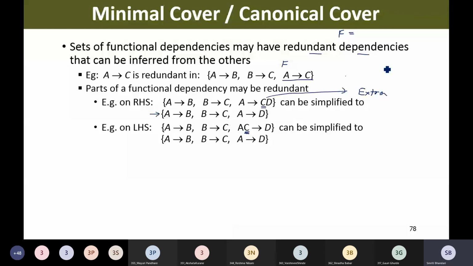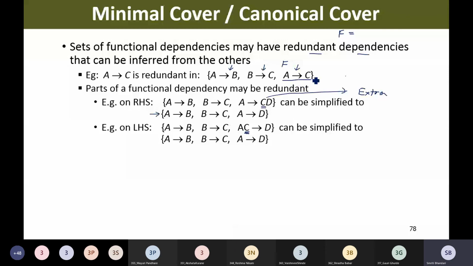So if I have this set F, A to B, B to C and A to C, then every functional dependency will be tested for its violation. My system will check whether A to B is satisfied, whether B to C is satisfied, whether A to C is satisfied. So three functional dependencies are being tested.